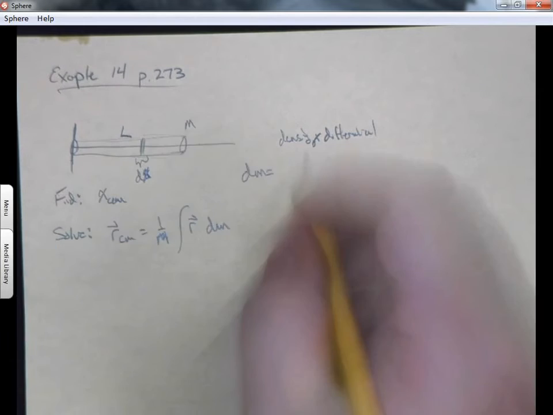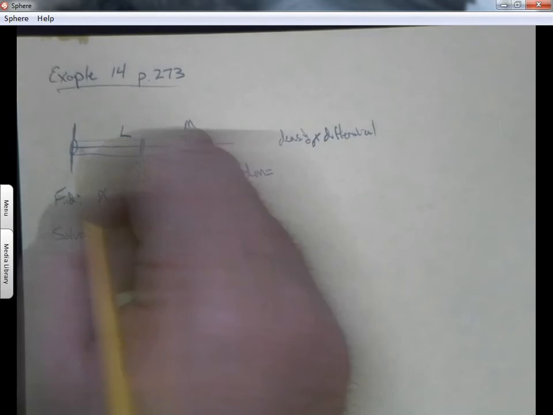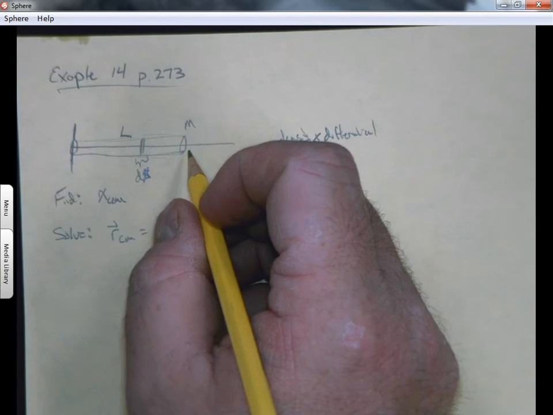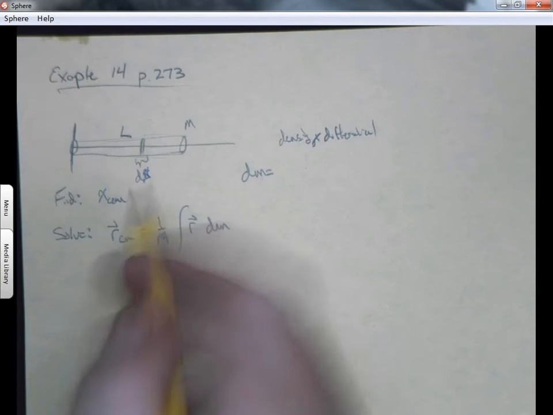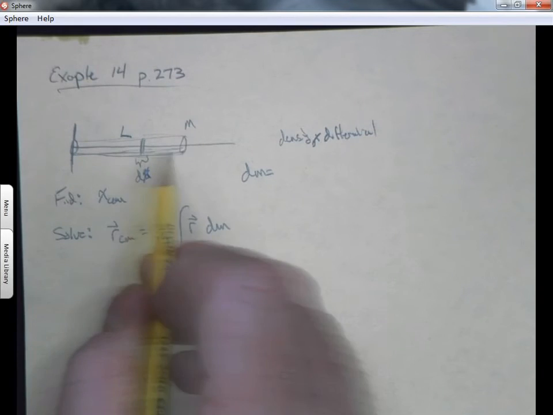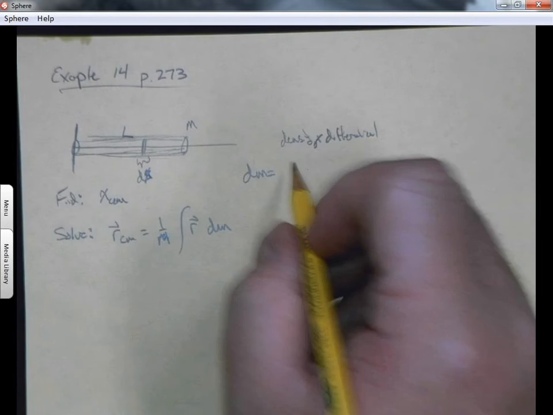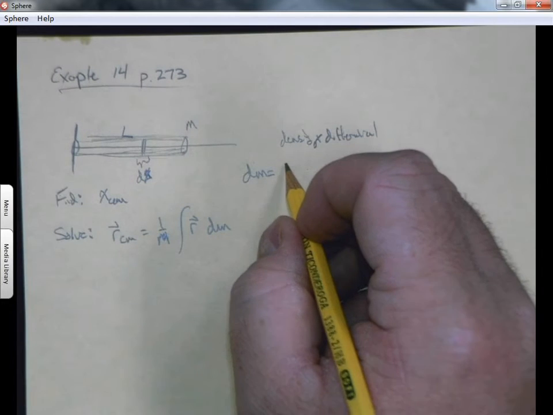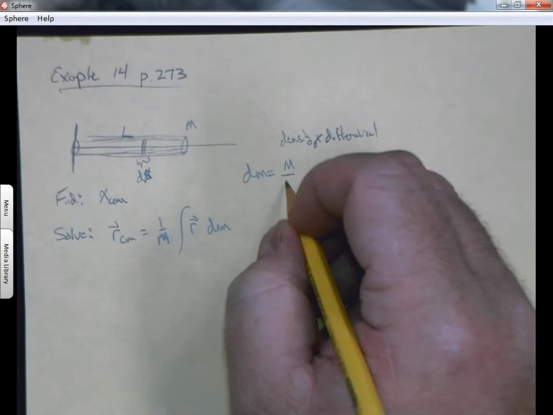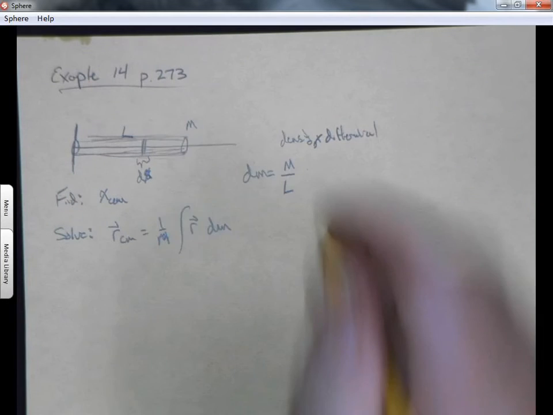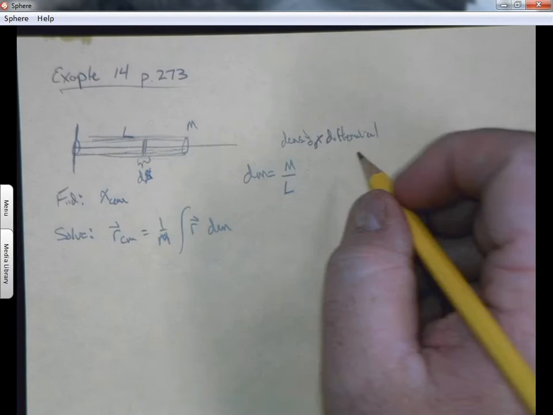Well, the density is all uniform as we go along, except my drawing isn't exactly uniform, but you get the point. It is going to be our total mass over our length, and that's what's going to be our lambda, right?